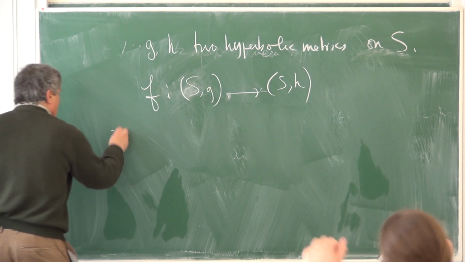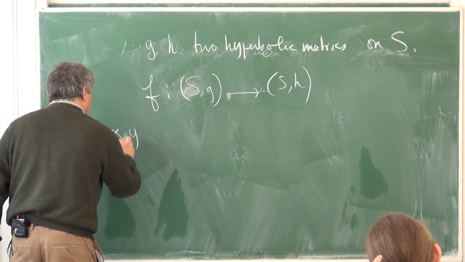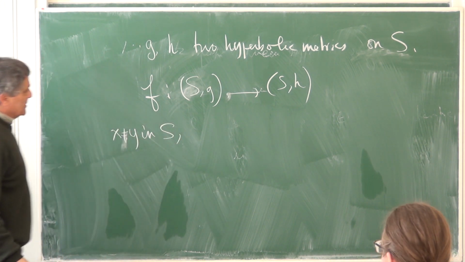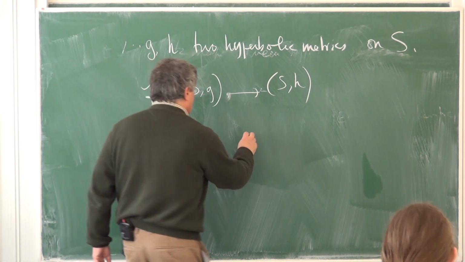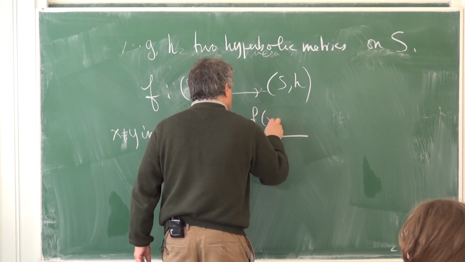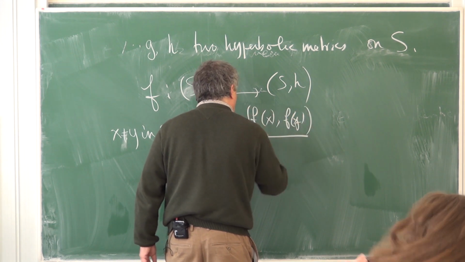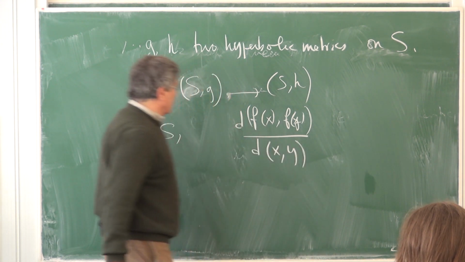And for x and y, x different from y in X, I can form this quotient, the distance between f of x and f of y, divided by the distance between x and y.